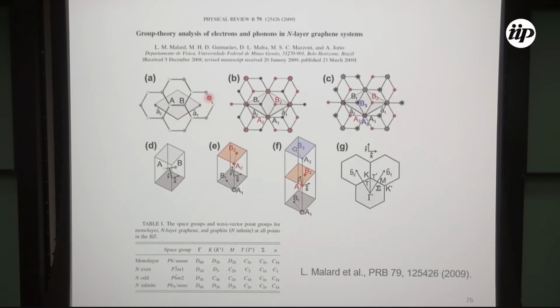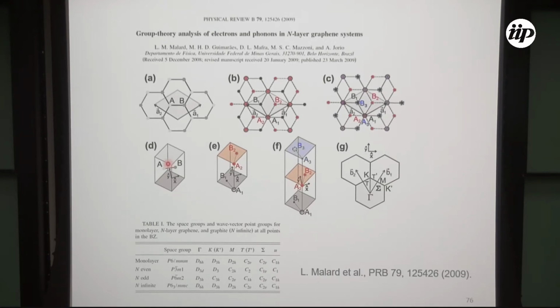Here is the case of graphene. We have a monolayer and a two-layer graphene, and the symmetry changes from monolayer to two layers, very similar to what we have for graphite.